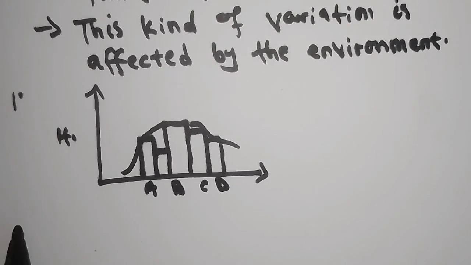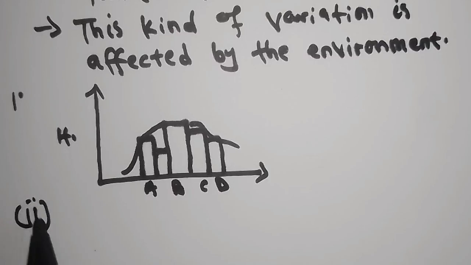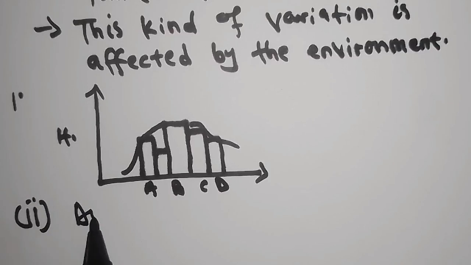Okay, so what about the other type of variation? The other type of variation is discontinuous.